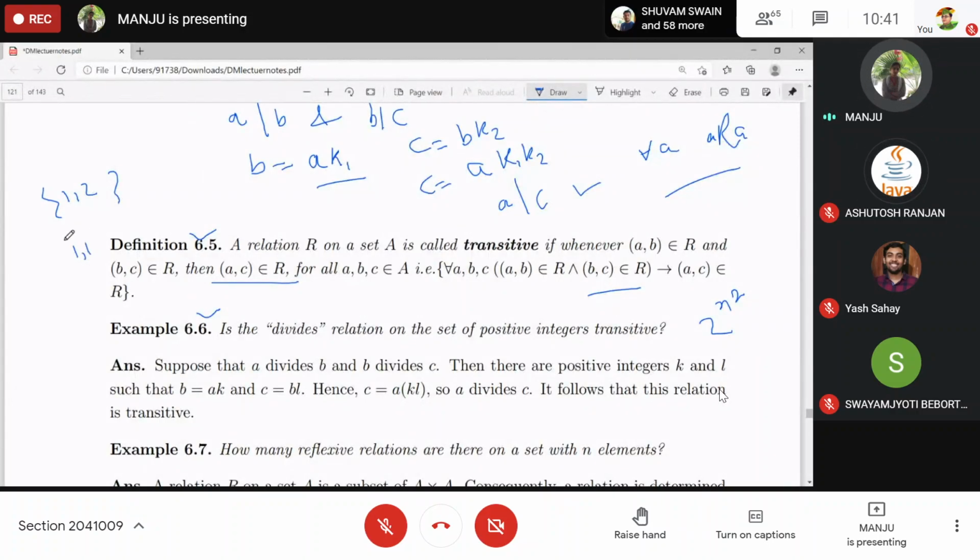All elements should relate to themselves, right? This is the main condition for reflexivity. Other elements are coming, for example (1, 2). If we consider (1, 2) or not, that's up to us, right? But the minimum reflexivity condition is that for all A, A is related to A.